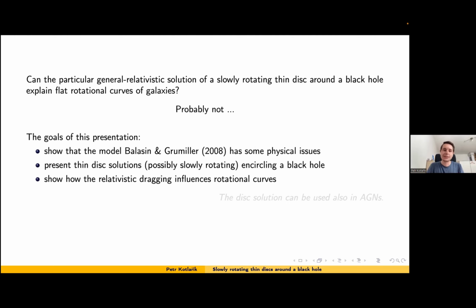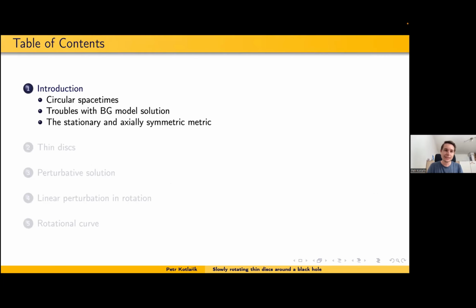Then I present the disk solution around the black hole, and in the end I will show some numerical results on how the dragging influences the rotational curves. Even though this solution cannot explain the flat rotational curves, it can be used elsewhere, for example, in active galactic nuclei, where a black hole and some disk around it are also supposed to exist.